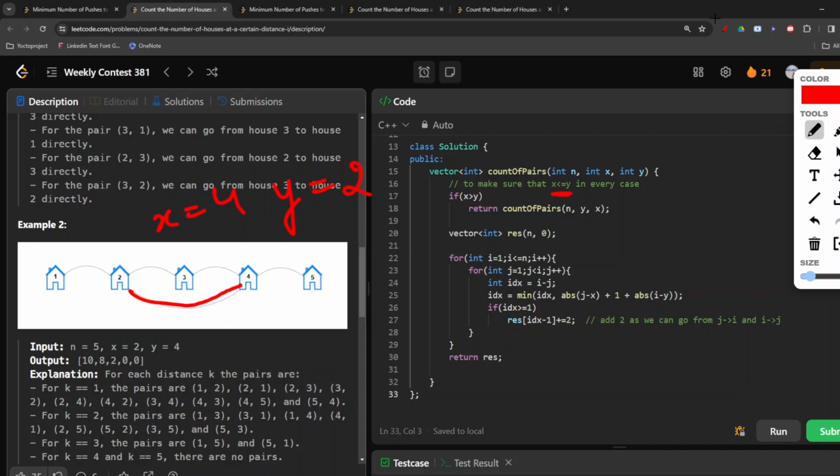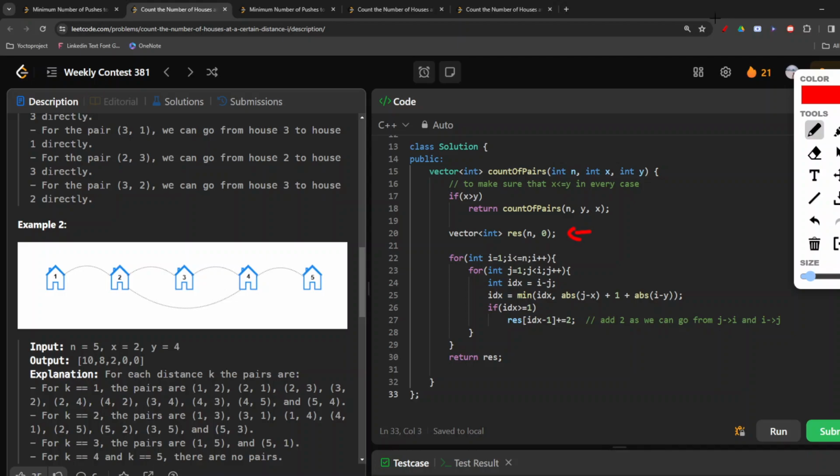So it already implies the same, but for our calculation purpose we are taking that x should always be less than or equal to y. That's why, if there is a case where x is greater than y, we will be calling this function again and swapping the values of x and y. Again we will be proceeding ahead.